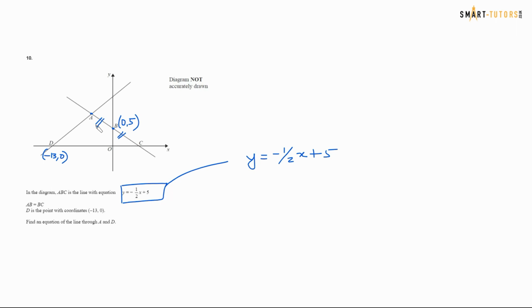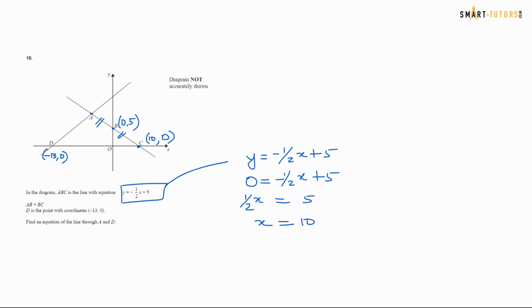That line is intersecting the x-axis where the y coordinate has to be 0, because on the x-axis all the y coordinates have to be 0. So I'm going to put 0 = -1/2 x + 5. I'm going to bring the minus half x this side, so half x equals 5. So x is going to be 10. So C's x coordinate is 10.